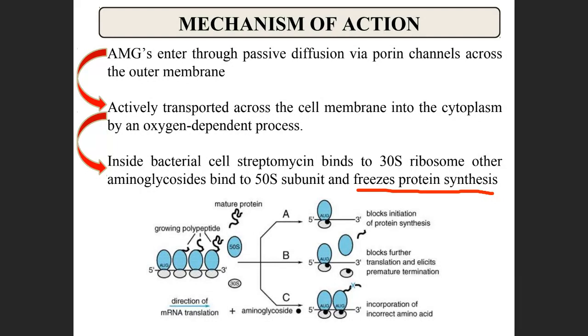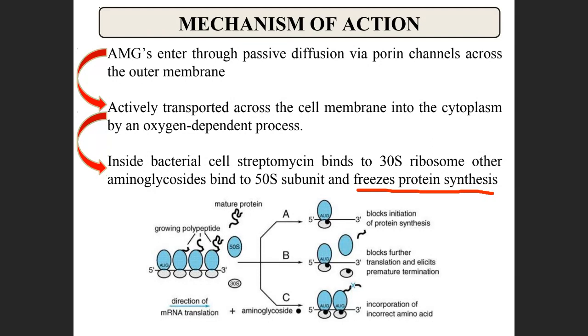They were tetracyclines and chloramphenicol. So if you remember, tetracyclines inhibited the protein synthesis by binding to the 30S subunit of the ribosomes, and chloramphenicol also inhibited the protein synthesis by binding to the 50S subunit of the ribosomes.